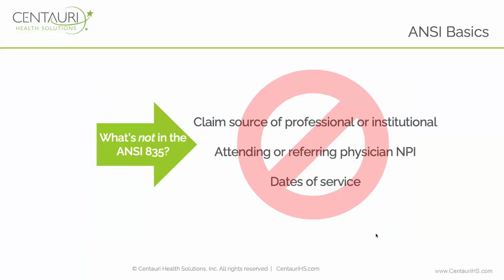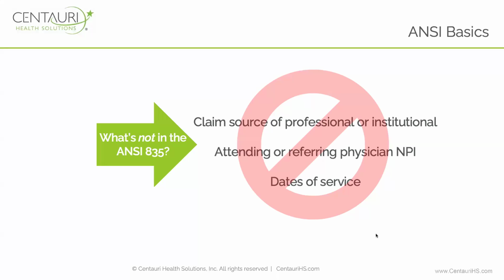Okay, a little bit of talking about what's not in the ANSI 835. For example, when you send out an 837, the claim, A1 is a supplier, which is also known as a physician. Anything that's not an institutional claim, a hospital, is considered a supplier, whether that's DME, a physician, home health, any of that stuff.